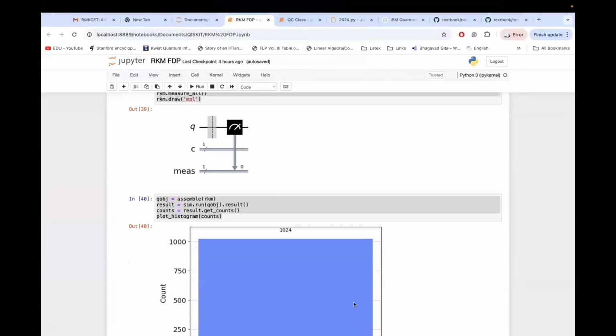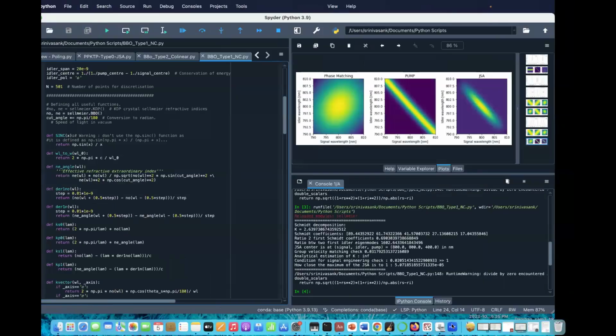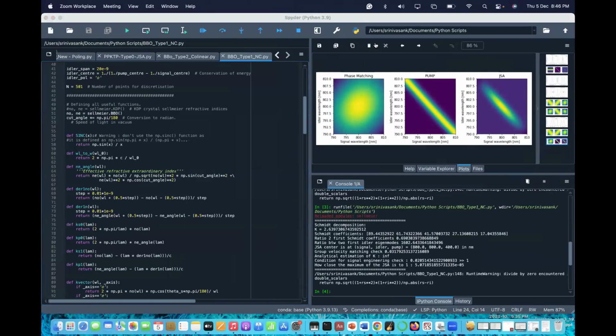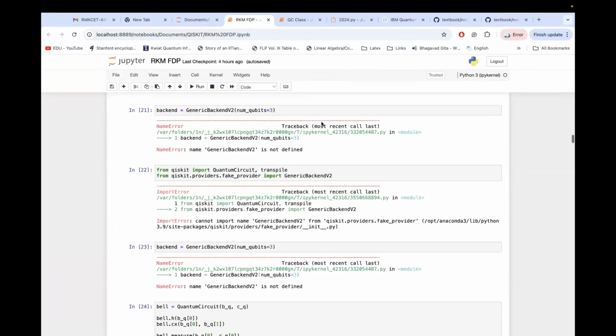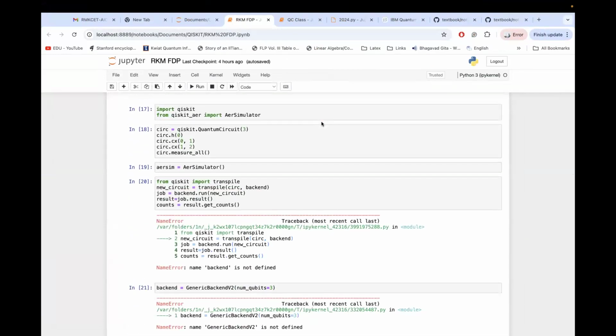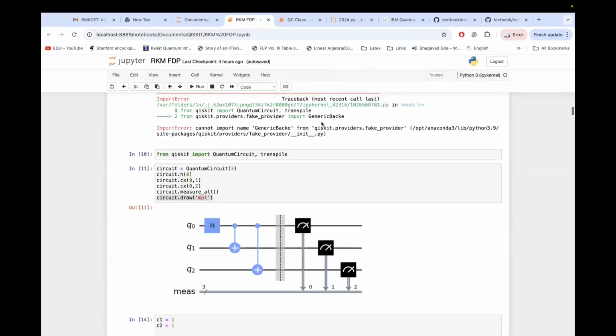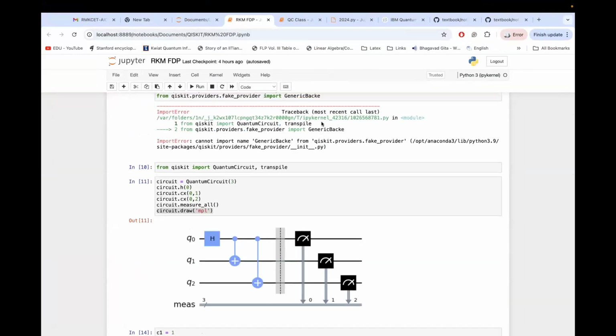Next question is from Amrita madam asking how to encode an image in Qiskit. Actually, encoding an image is not a big deal for Qiskit. Qiskit is to simulate quantum systems, construct a quantum circuit, and see what happens after the complete circuit and what will be the output of some algorithm.